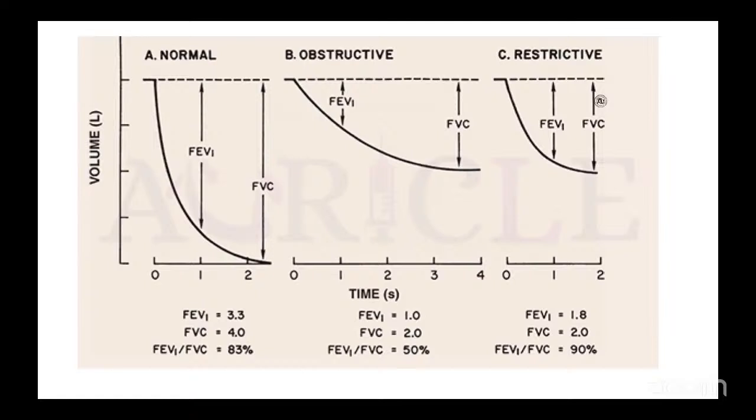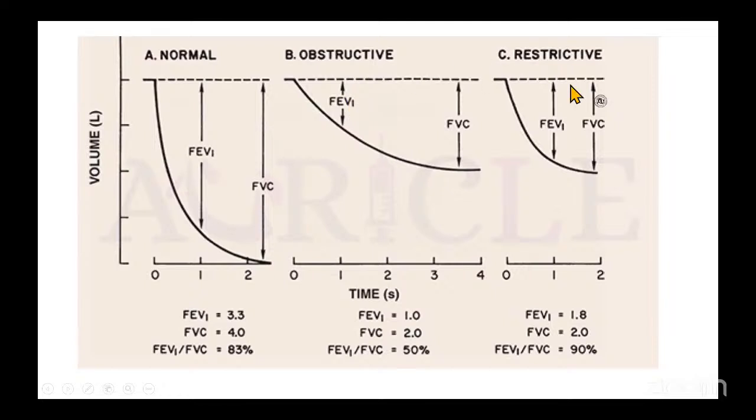So it cannot move that fast. If you see that, it'll take a longer time for it to reach its FVC. If you look at the percentage, during the first 1 second, the person was only able to eject 50% of that FVC, only half of it. Here, around 83% was. This is one classical example of an obstructive lung disease.